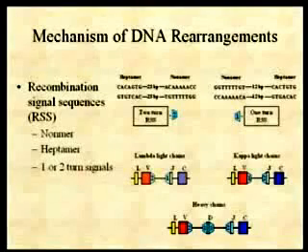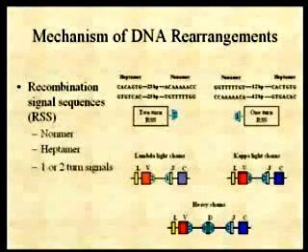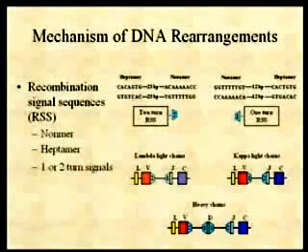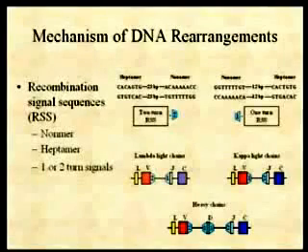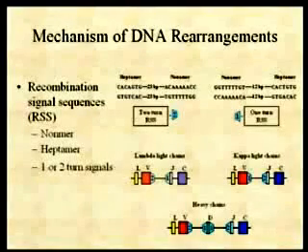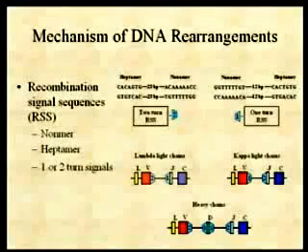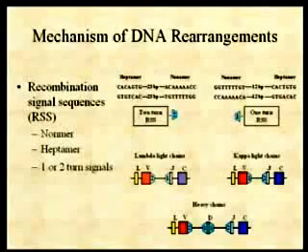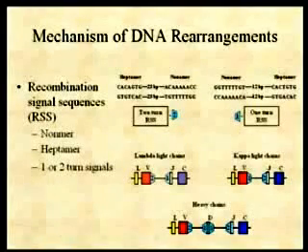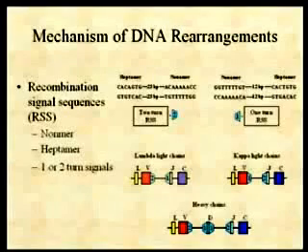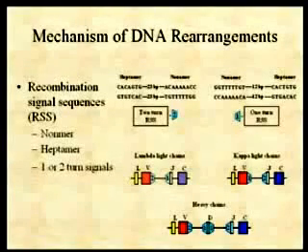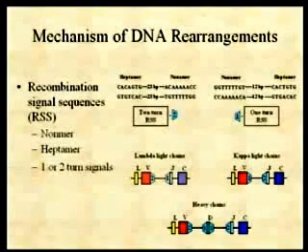So basically what's happening for this recombination event, these signal sequences, the heptamer and the nonamer, have to be on the same side of the DNA molecule. Those signals that have 12 base pairs are simply referred to as one-turn RSSs, and the 23 base pairs are referred to as two-turn signal sequences.